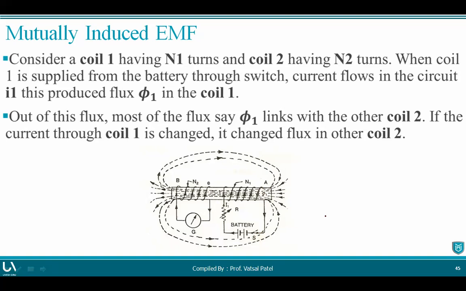Because of the total flux you supply, most of the flux is linked with the other coil, coil 2. So once you change the current value in coil 1, it is reflected in coil 2 also. Are you getting it? So this is the form of representation given here.